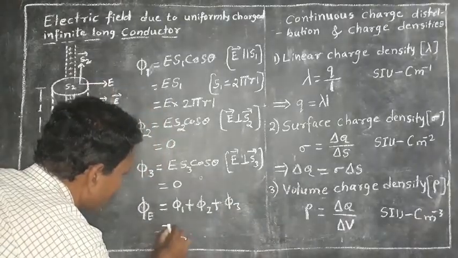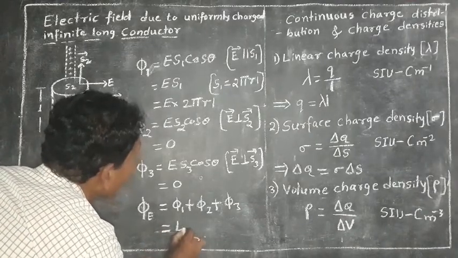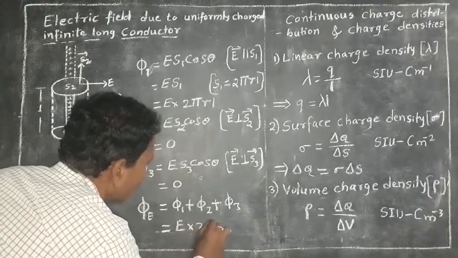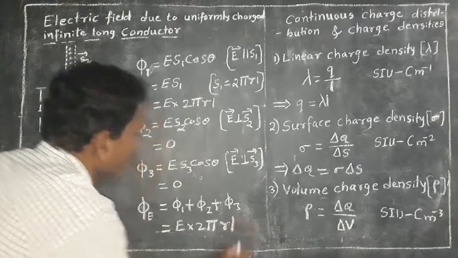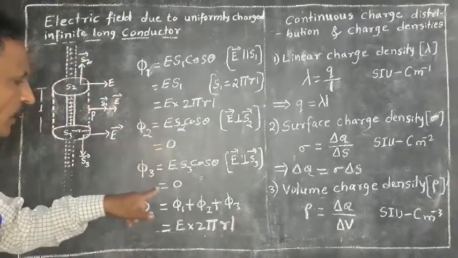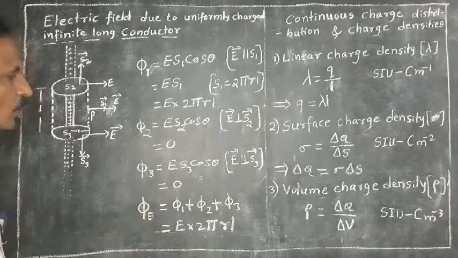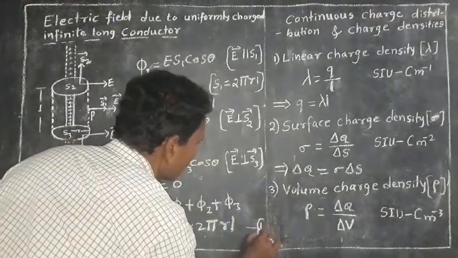That is equal to E into 2 pi r L, plus phi 2 equal to 0, phi 3 equal to 0. Hence phi E equals E into 2 pi r L. Consider this as equation 1.